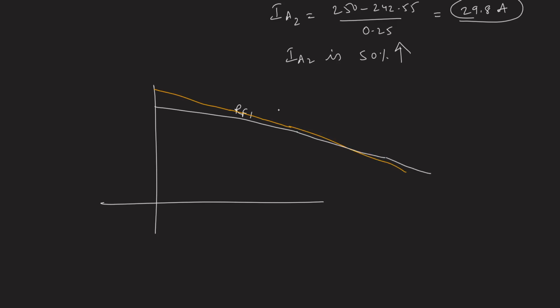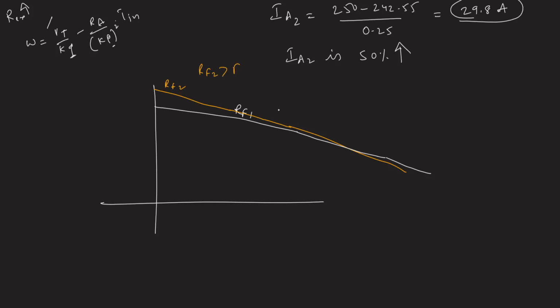You can understand from the equation as well, which is Vt by K phi minus Ra by K phi square into tau induced. So with the increase in external resistance, phi reduces, so both denominators reduce, then the intercept increases and the slope increases. So this is RF2.